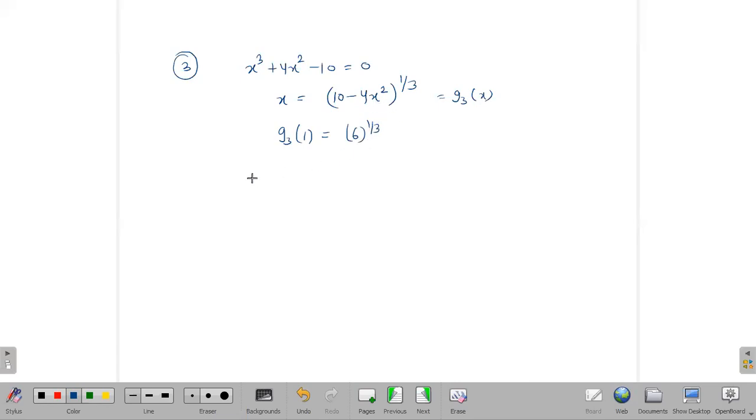Can you find 6 raised to power 1 by 3? And g3 at 2 will give you minus 6 raised to power 1 by 3. So that does not belong to 1, 2. So you cannot take this also.